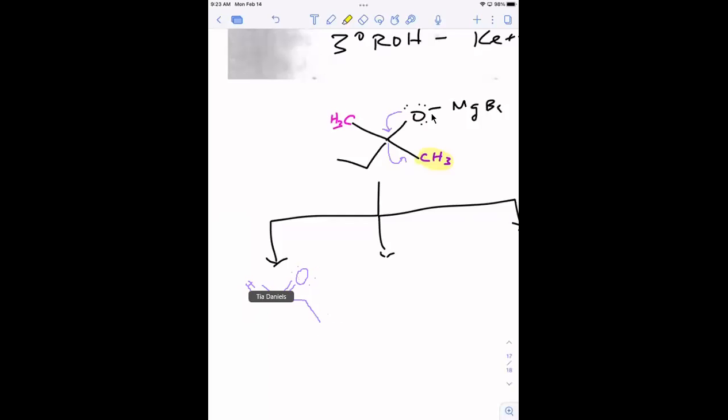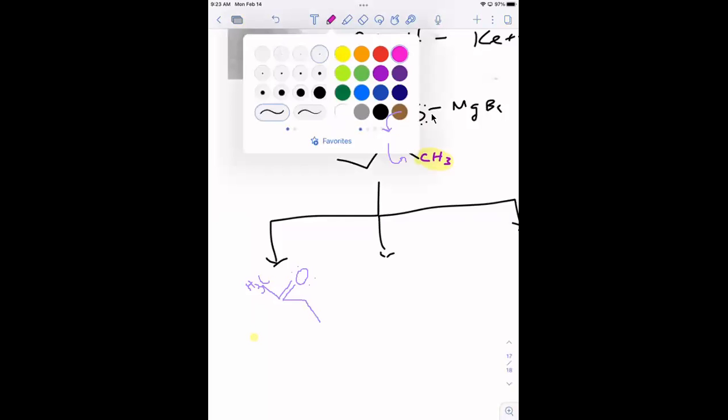So that's your ketone. And then the Grignard would be just here, right?